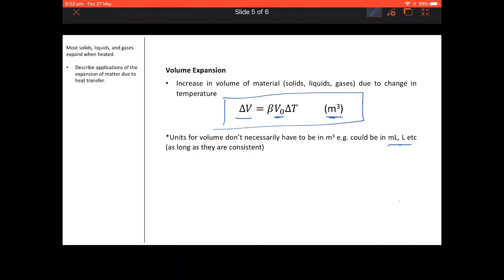This is because your coefficient's units are per Celsius, and your temperature units are Celsius. When you're multiplying these together, they'll cancel out and you'll just be left with whatever units you're using here. So as long as the volume ones are consistent, you can use whatever volume units you please.